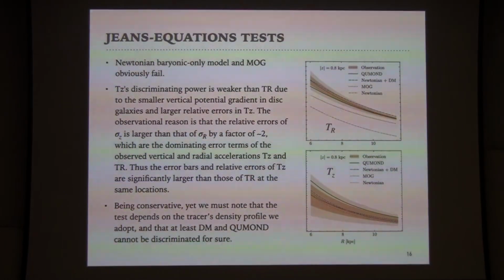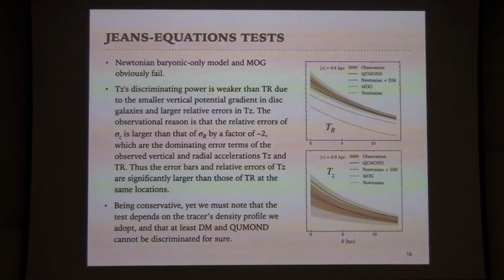And we note that when comparing the TZ to TR, TZ seems to have weaker discriminating power. This is because of the smaller vertical potential gradients in these galaxies and the larger relative errors in TZ.